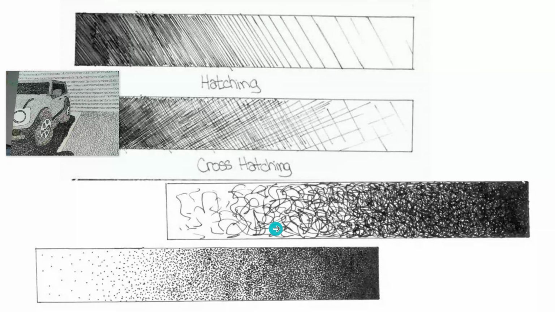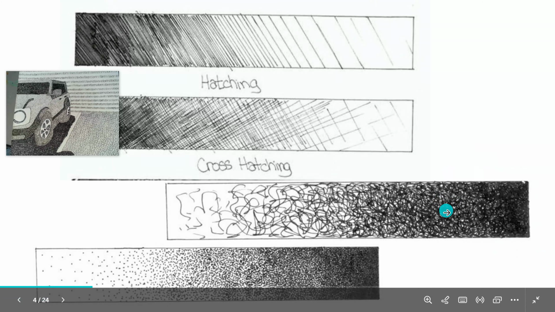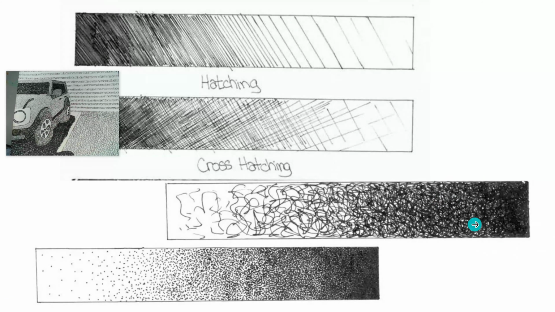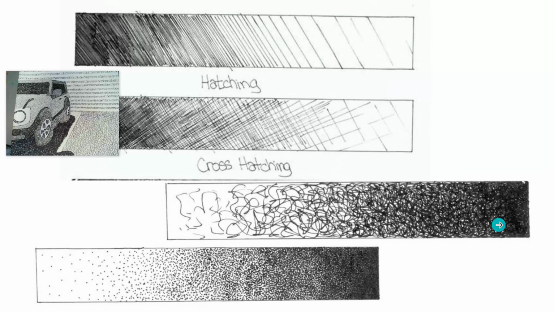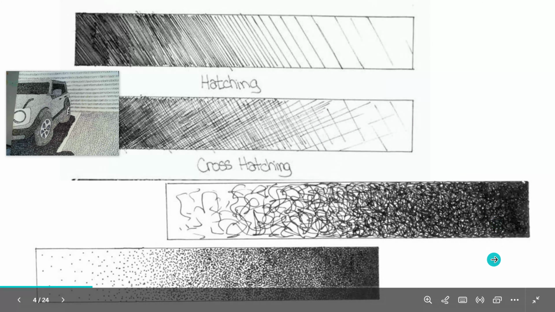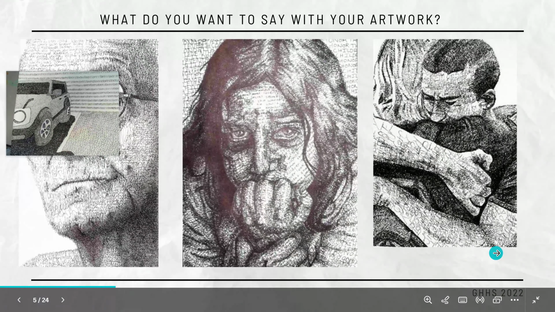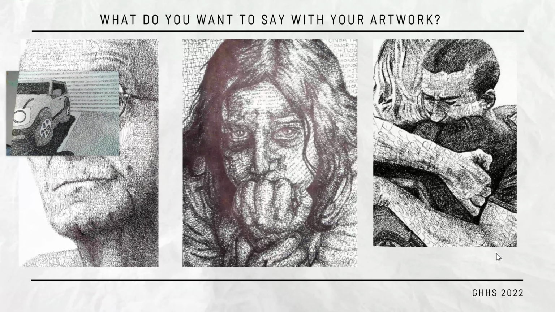Now, as you work your way to your dark values over here, those lines get closer and closer together to create that dark value. So that happens throughout all of these examples, and honestly is the exact same method you'll use when you start using words.